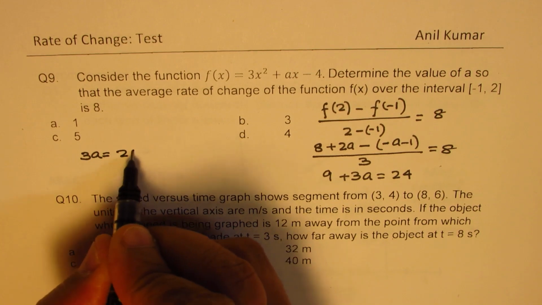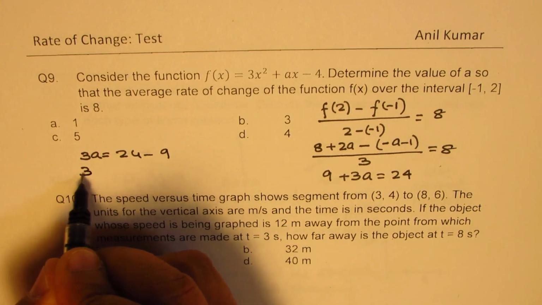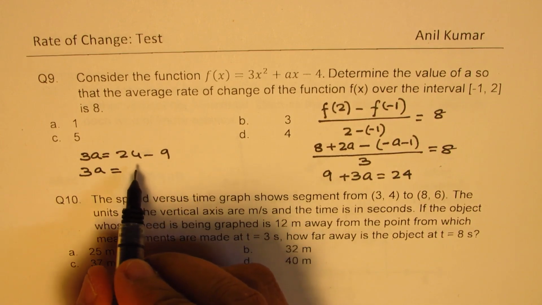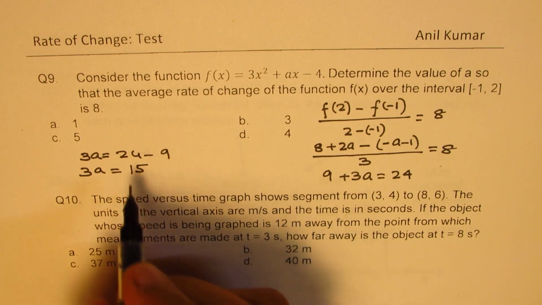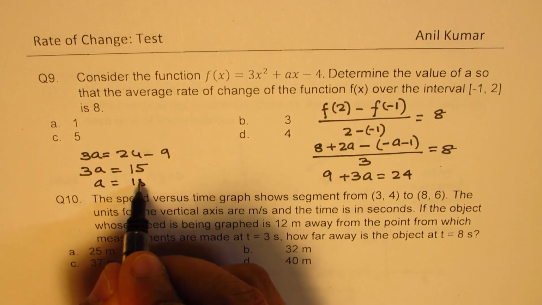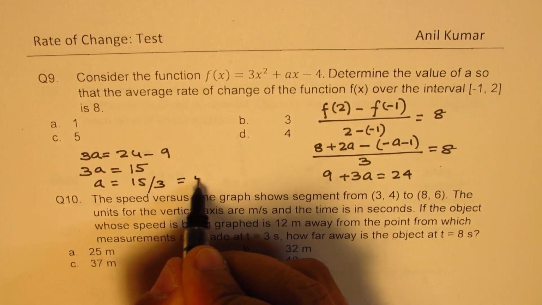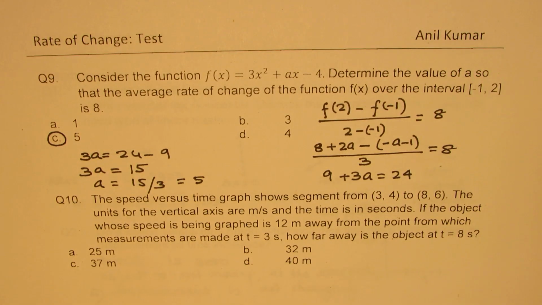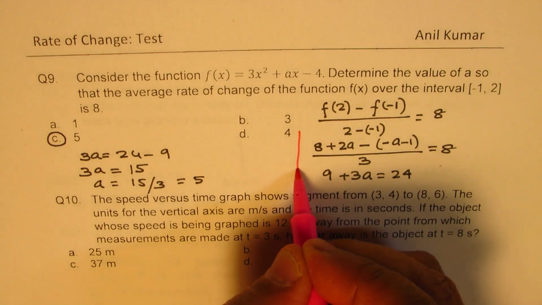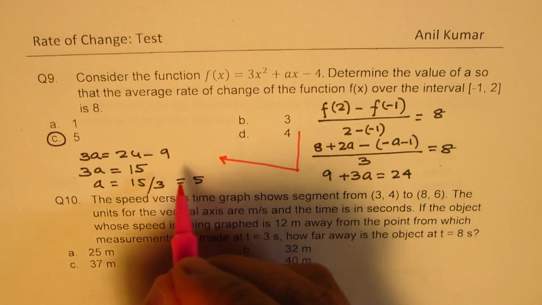So 3a is equal to 15, right? So a is equal to 15 divided by 3, which is 5. So C is the right option. Is that clear to you? So we moved from this place to this place and then came down.